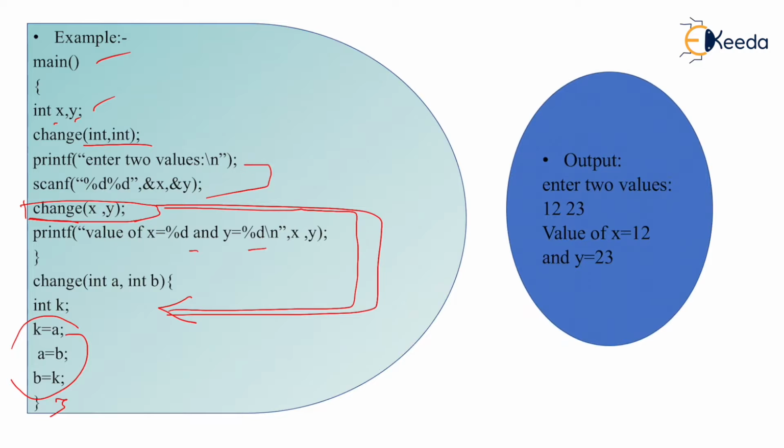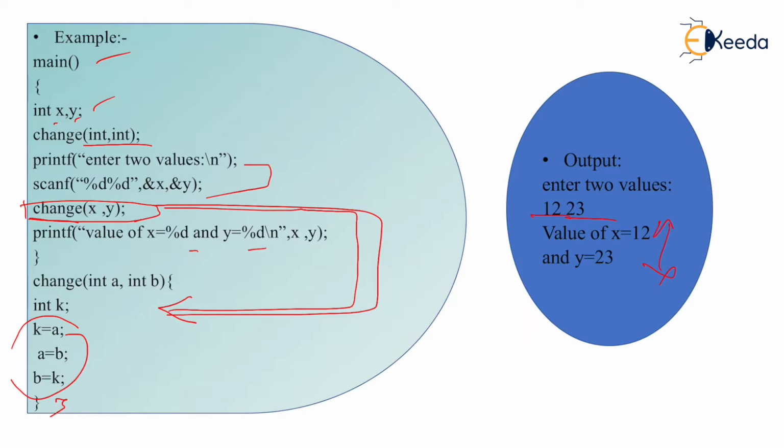So now what happens? Consider the value of x is 12 and the value of y is 23, initially. After going back to the control and after performing the swapping, when we come back and print the values of x and y, the values are not actually swapped, right?